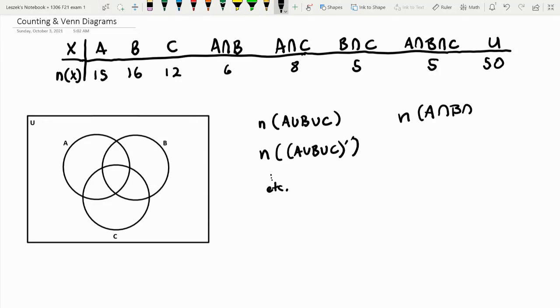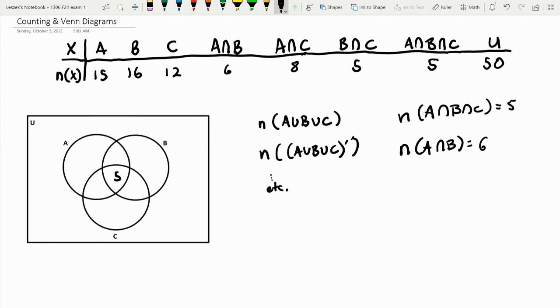In the triple intersection, the number of elements is 5. So we go to the Venn diagram and write 5 there, indicating that there's 5 elements there. Okay. Once you stop with the triple intersection, you go to the pairwise intersection. So you have that the number of things in the intersection of A and B is 6.